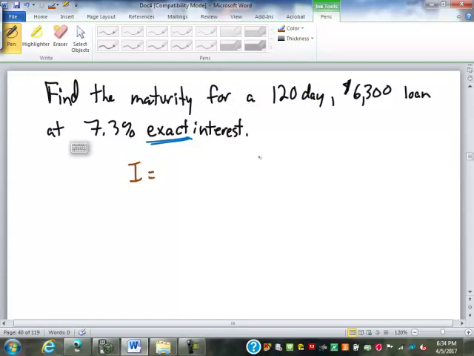So we're finding I here. Tell me what else to fill in here. 6,300 is my principal. The rate of 7.3% is 0.073. 120 over, and it's exact, so it is 365.